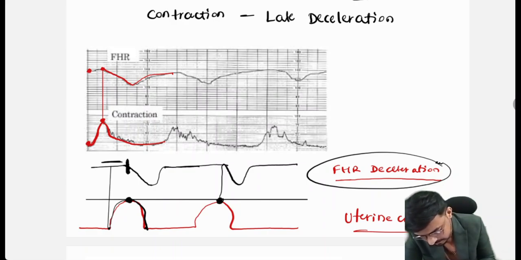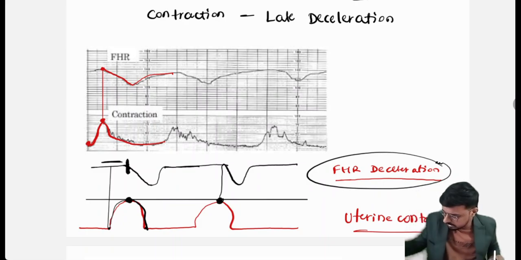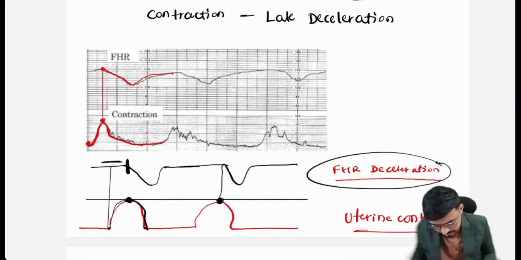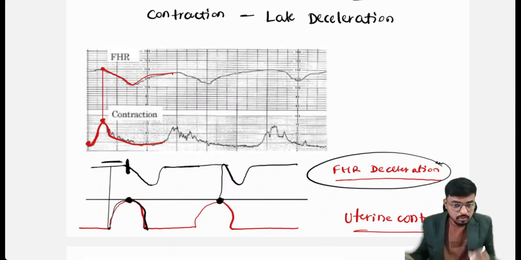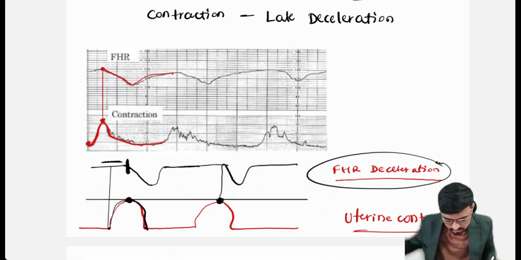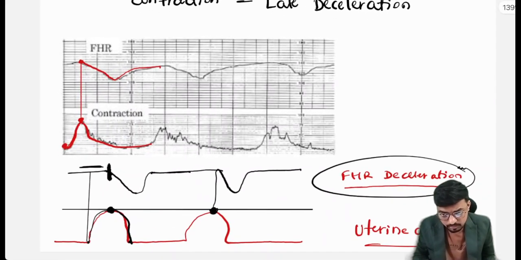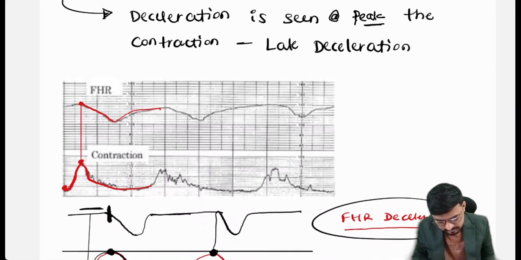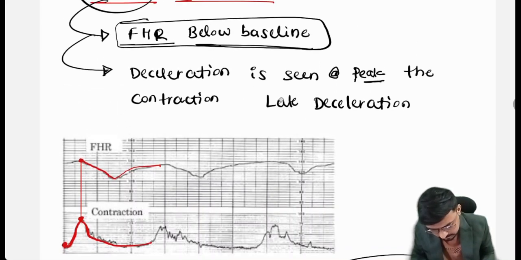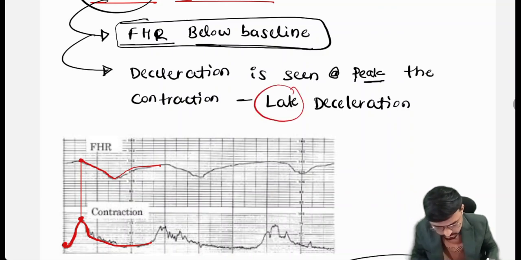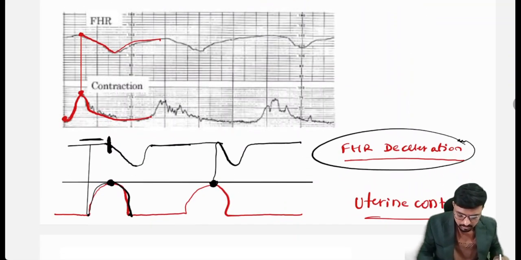But in the late deceleration, it is decreasing late. When the uterus is at the peak of the contraction, at that time the beginning of the fetal heart rate decrease happens. That is very, very important, keep it in your mind. That is the concept I want to deliver here. This is what we call the late deceleration, because the deceleration is happening late. It is happening at the peak of the contraction.